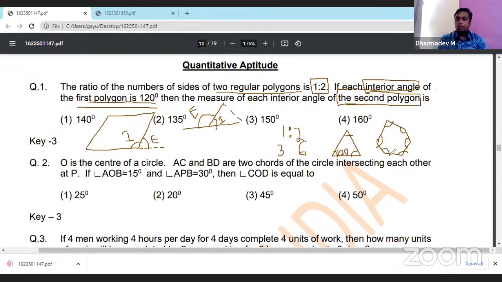Okay, yes. Anyone can explain to me? Either Pawan or Basit?